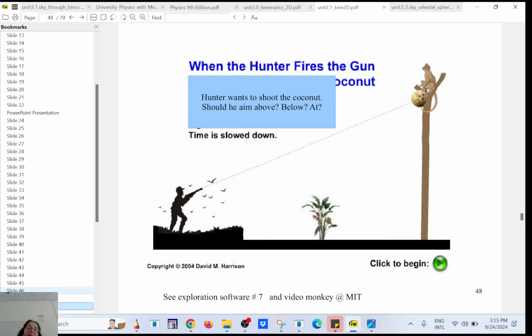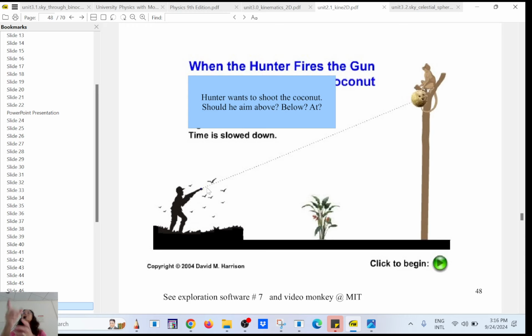So, okay, a typical conceptual question, not for this test, for another test, is called the monkey business. Here is the question. You have a hunter, right? And there's a monkey there. So it's like a projectile.